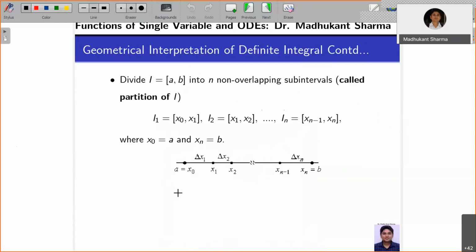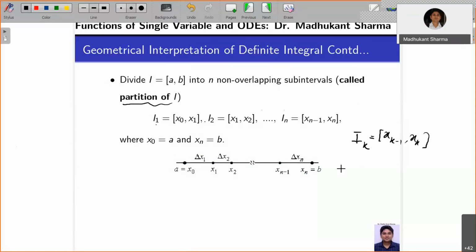What we have done is divide I equals [a, b] into n non-overlapping subintervals, which we call a partition of I, and which we call I1, I2, up to In. The kth subinterval Ik is xk minus 1 to xk.